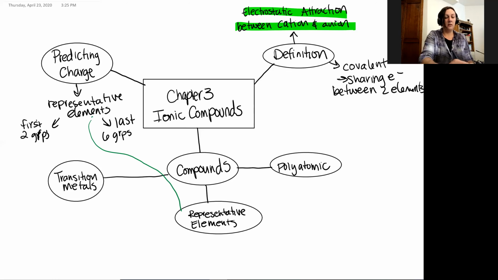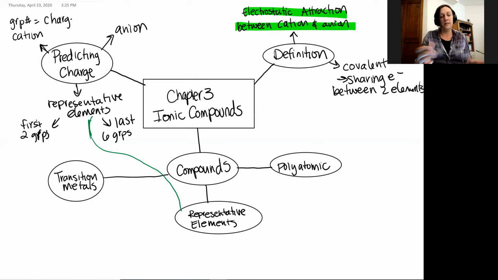And so it depends on if we're looking at a cation or an anion. Cation's a little bit simpler. When you have a cation, it's going to typically be a metal. So in this class, they'll always be metals. And we're going to say the group number will be equal to its charge.